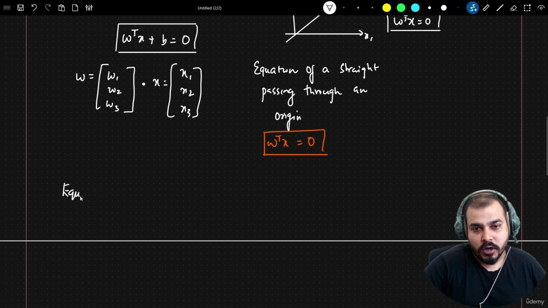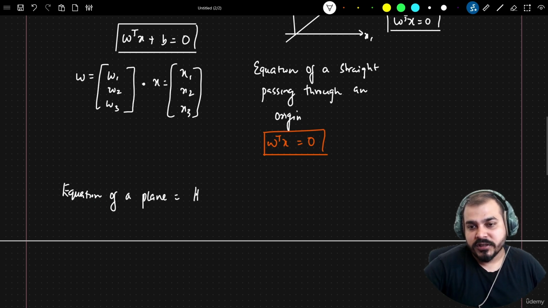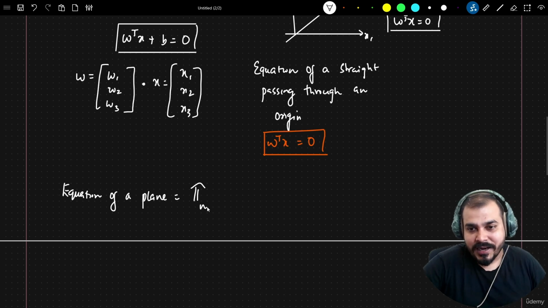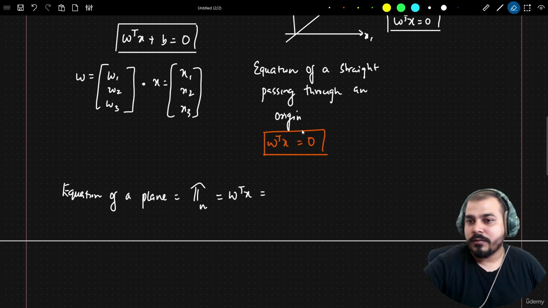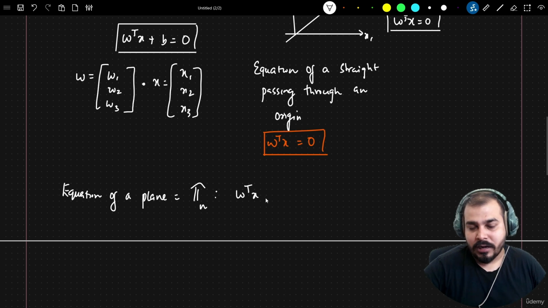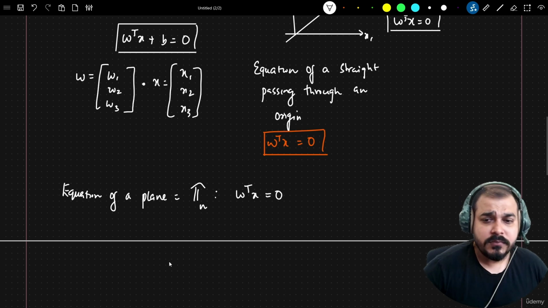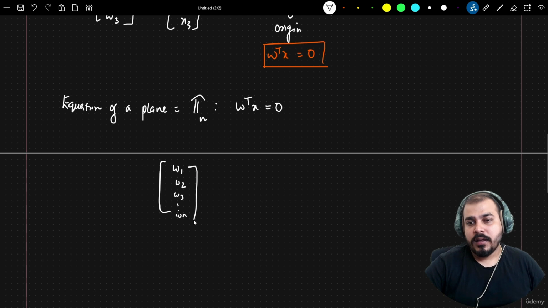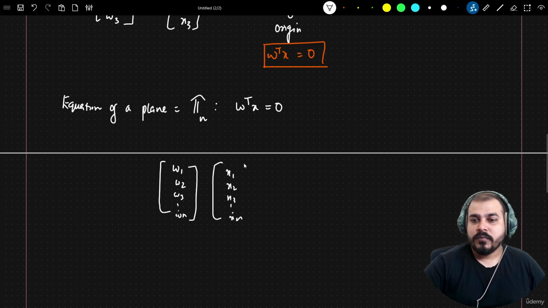The equation of a plane is usually given by the notation pi, and this is not that 3.142, we are just saying it as pi in n dimension, and this is represented as w transpose x is equal to 0, since we have considered that our line is passing through the origin. In this particular case, my w value will be w1, w2, w3 up to wn, and my x value will similarly be x1, x2, x3 up to xn, right?